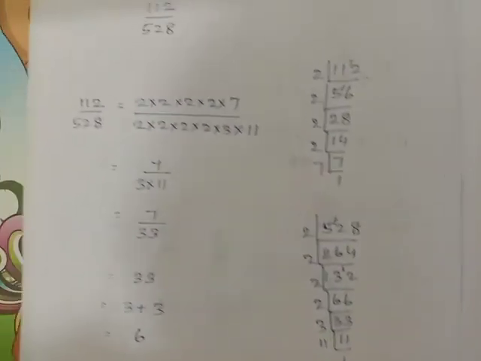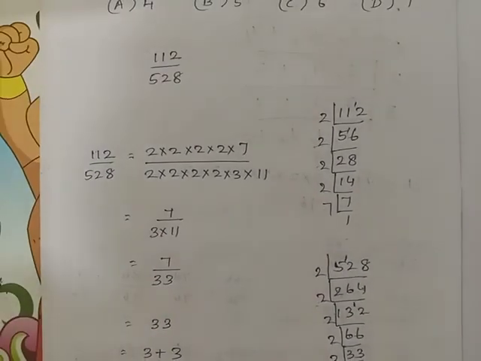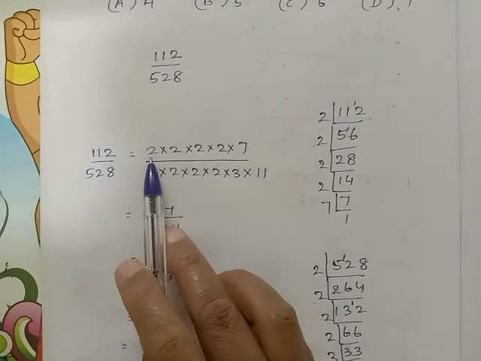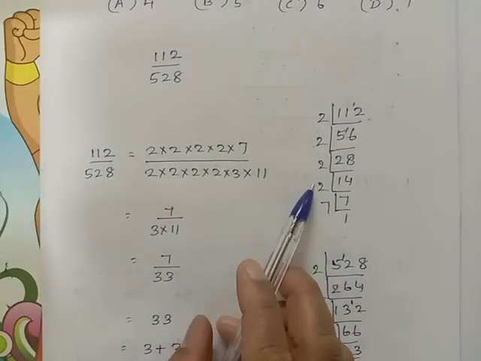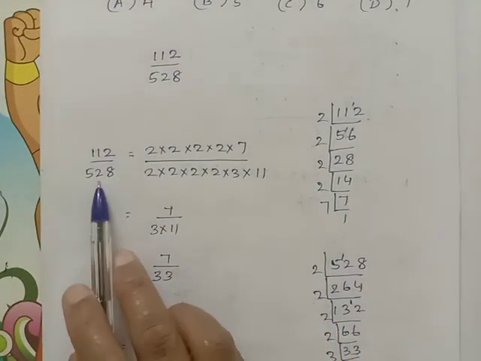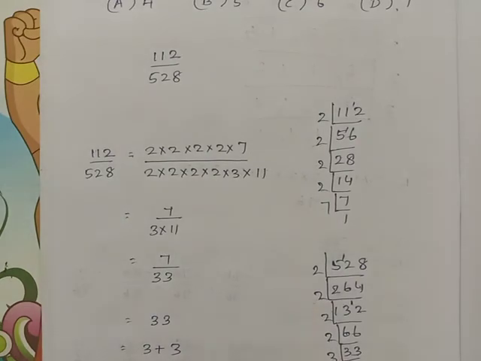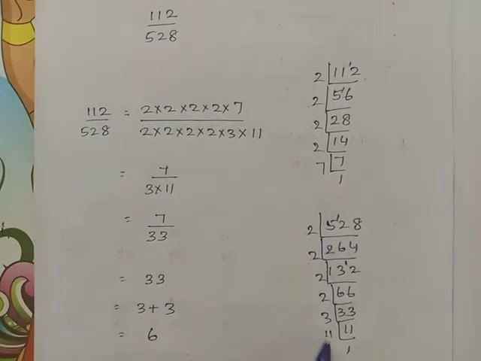So, we have found the prime factorization. 112 can be written as 2 into 2 into 2 into 2 into 7. 528 can be written as 2 into 2 into 2 into 2 into 3 into 11.